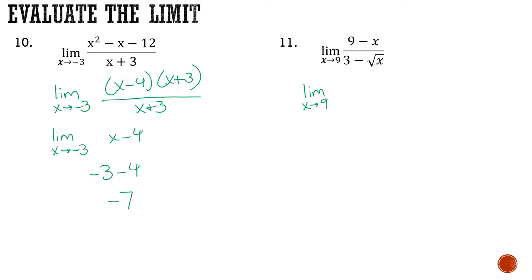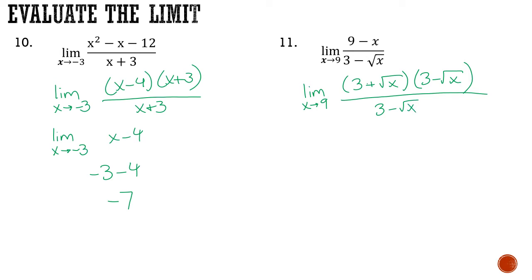That is (a plus b)(a minus b) when you take the square root of the first and second term. So the numerator will factor to be 3 plus the square root of x times 3 minus the square root of x. Multiply that together, you get 9 minus x over 3 minus square root of x.